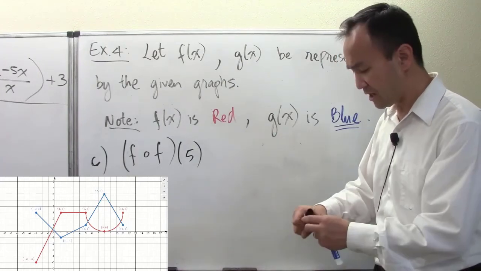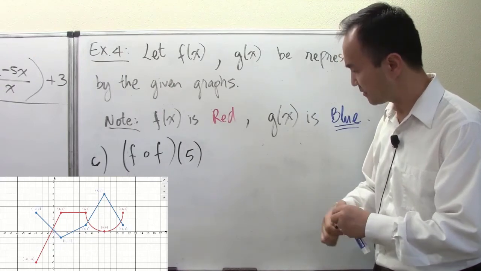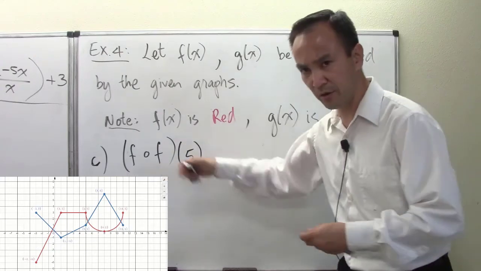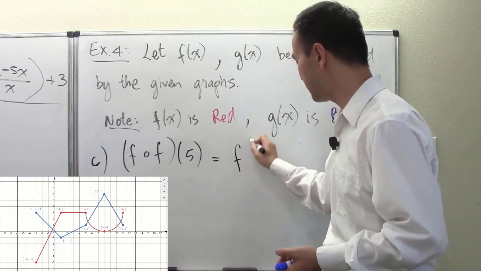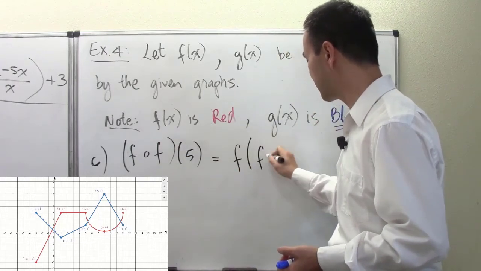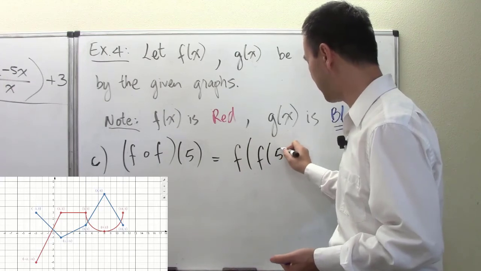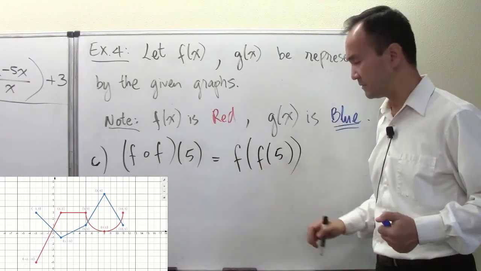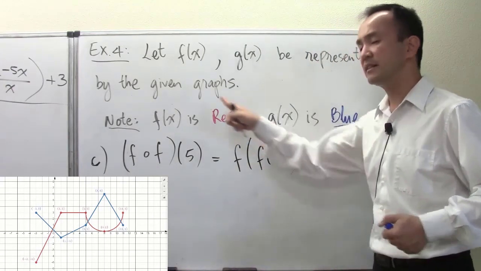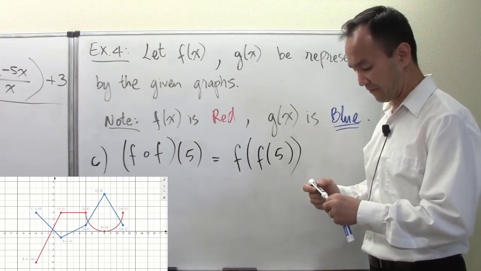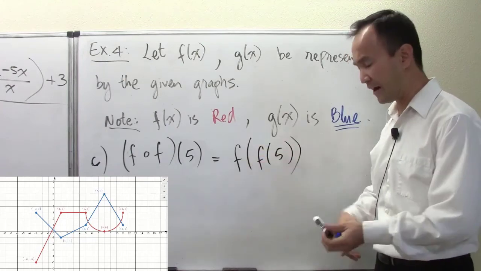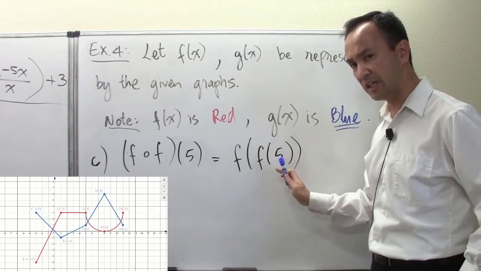All right, so now here's how I see it. This symbol at the start means we're looking at f of f, and that's the way I understand this notation. Once we have set down that foundation for our work, we're going to be working from the inside out.